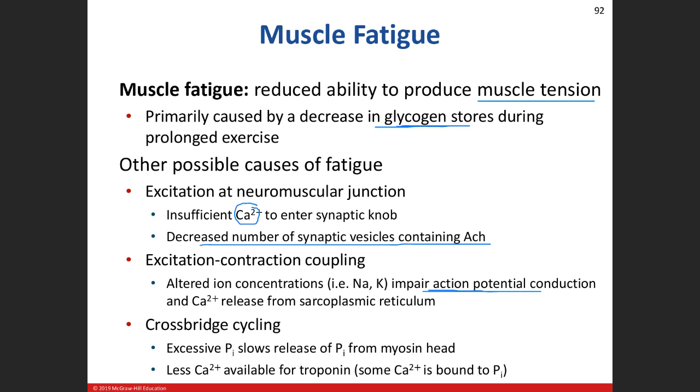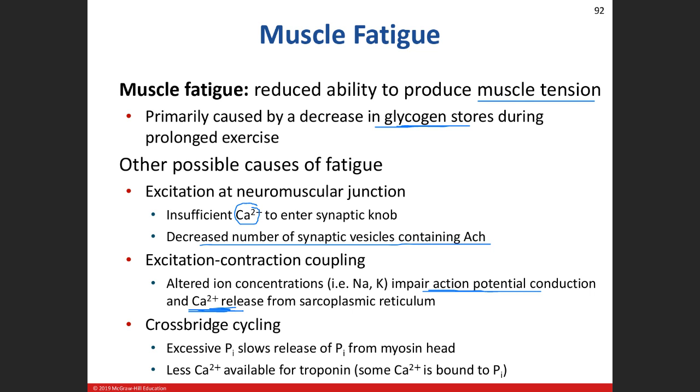And if that action potential has difficulty occurring in the muscle tissue, then it's going to be much more difficult for us to cause the release of calcium at the sarcoplasmic reticulum, okay? So if we have low levels of sodium or low levels of potassium, that can cause a problem for us creating our action potential.